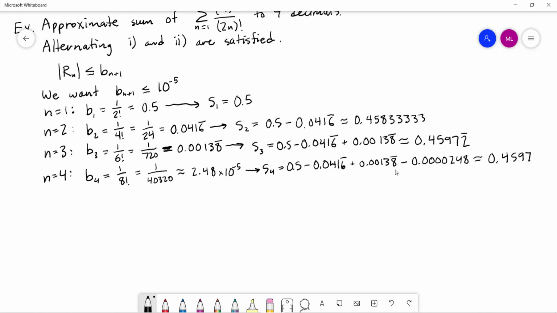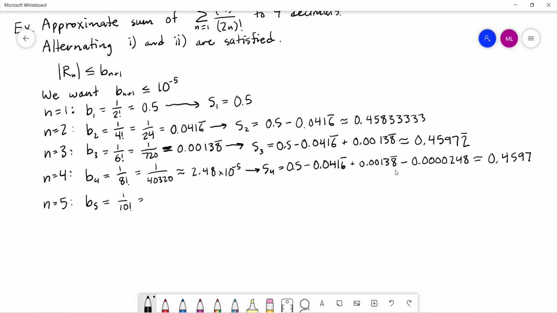By the time we get to the fifth term, when n is equal to 5, b sub 5 is going to be 1 over 10 factorial. 10 factorial is a huge number. So 10 times 9 times 8 times 7 times 6 times 5 times 4 times 3 times 2 times 1. It's on the order of almost 4 million, so 3.6 million.